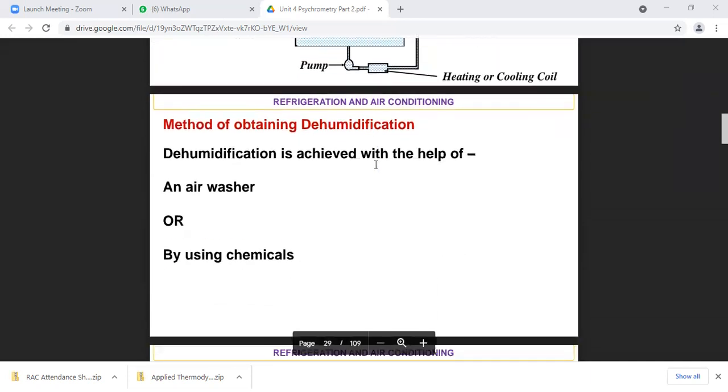Next, we are going to see the methods of dehumidification. In dehumidification, we use an air washer or chemicals to dehumidify the air. The first method is the air washer method.